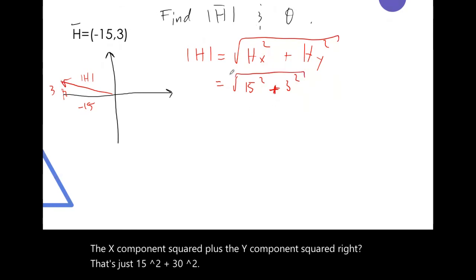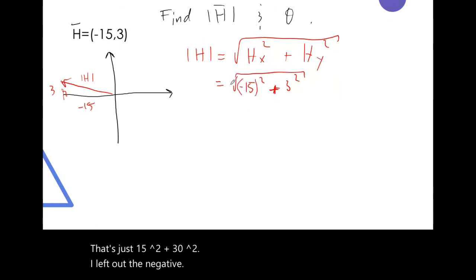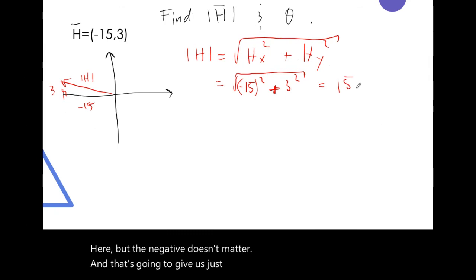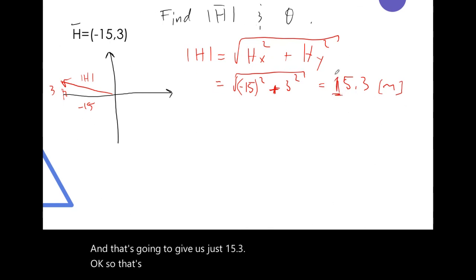I left out the negative here, but the negative doesn't matter. That's going to give us 15.3 meters. Okay, so that's the magnitude.